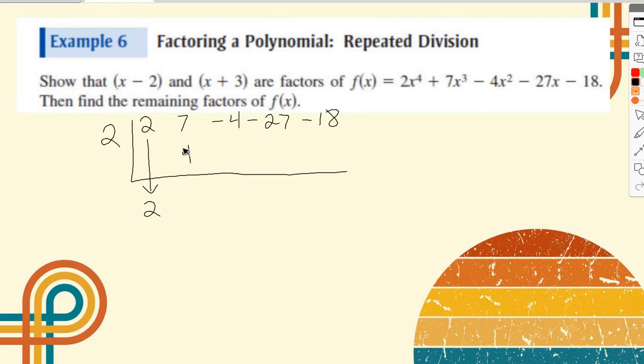So 7 plus 4 gives us 11. 2 times 11 gives us 22, plus negative 4 gives us 18. 2 times 18 gives us 36, plus negative 27.